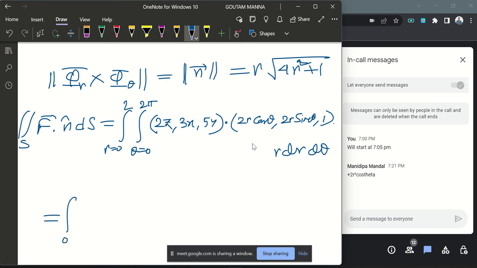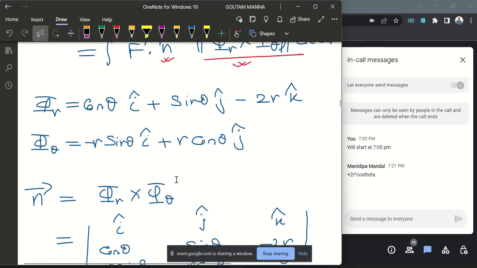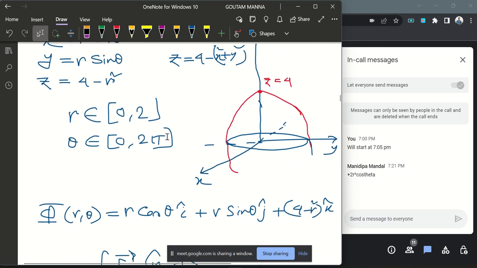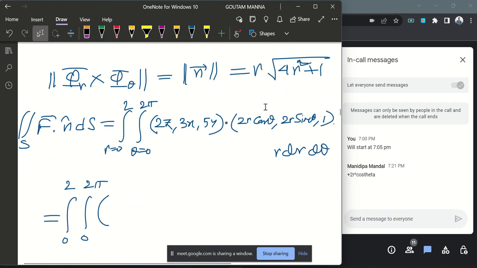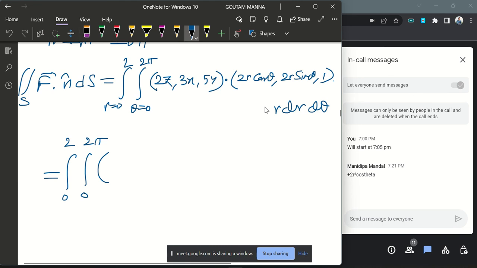Now to do this dot product, z means 4 minus r square, so it is 4 times (4 minus r square) r cos theta, plus 3x times this.